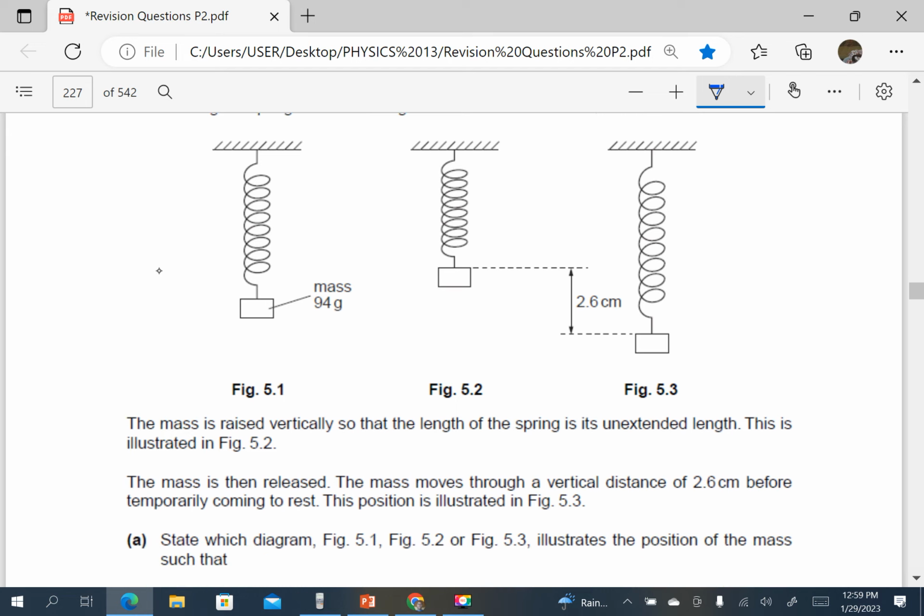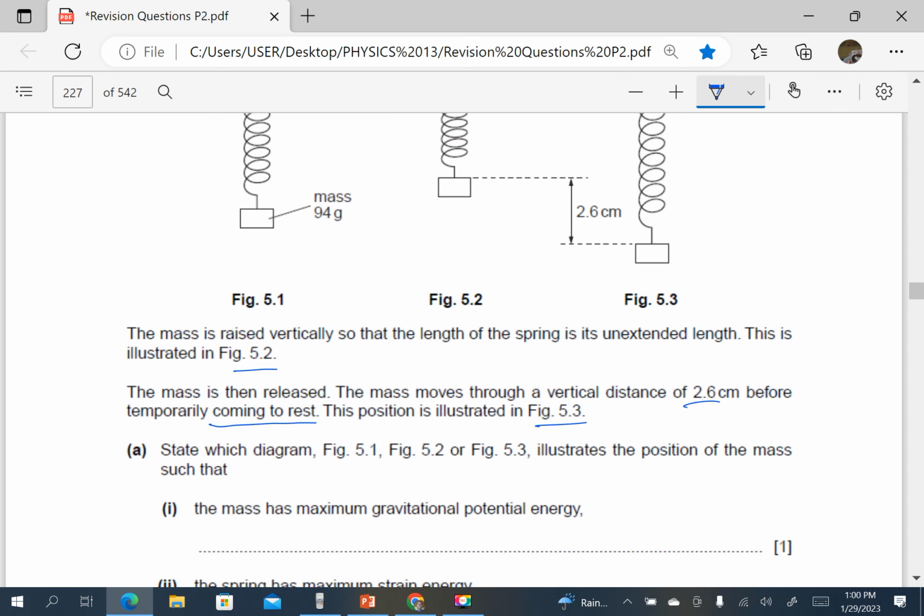This is illustrated in figure 5.2. The mass is then released. The mass moves through a vertical distance of 2.6 centimeters before temporarily coming to rest. This position is shown in figure 5.3.